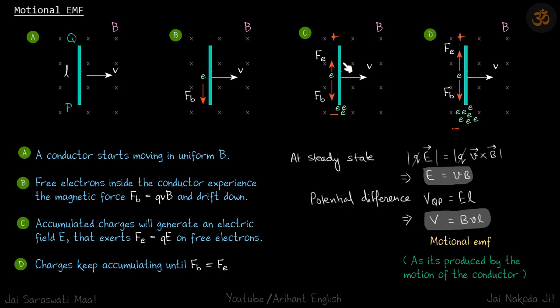So Fe will increase until they are equal in value. Once they are equal in value, no more free electrons in the conductor will drift and the steady state will be reached. The value of this electric field in the conductor is VB, and the potential difference across the whole conductor, because its length is L, is E times L, which is BVL, and it's called motional EMF.